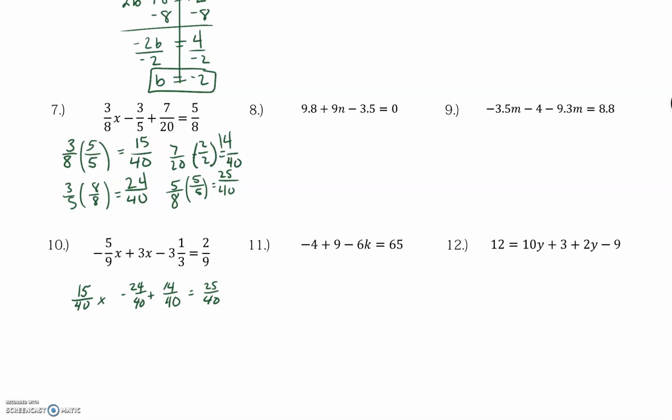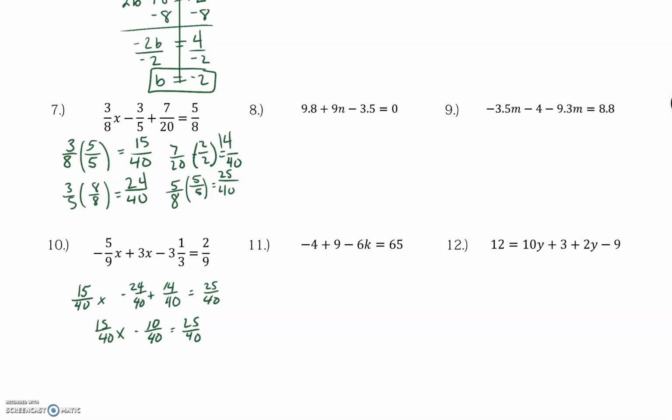All right, so we're going to combine our like terms together. So we still have 15/40 x. Negative 24/40 plus 14/40 would be negative 10/40 equals 25/40.